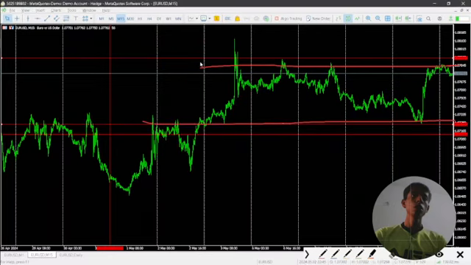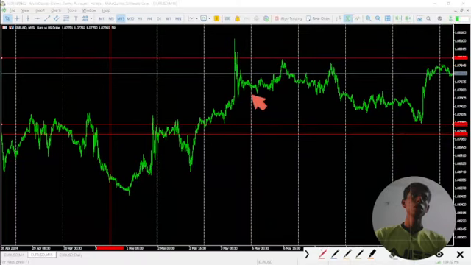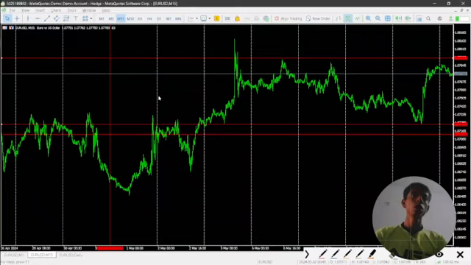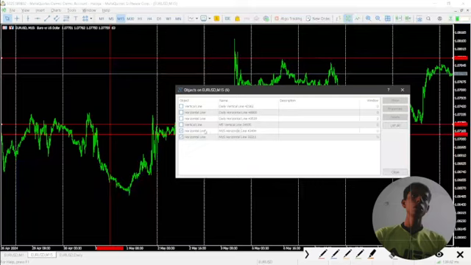Okay, so actually we can name these two weekly key levels and these two yearly key levels. Okay, so let's get into objects, and here we have this and this.